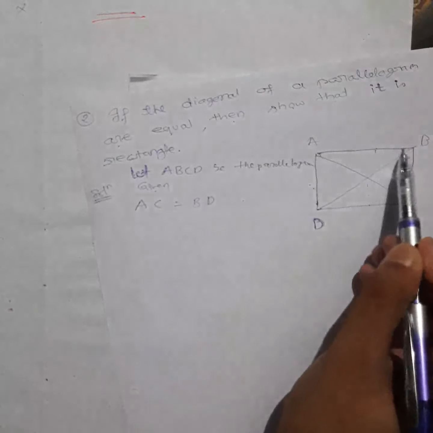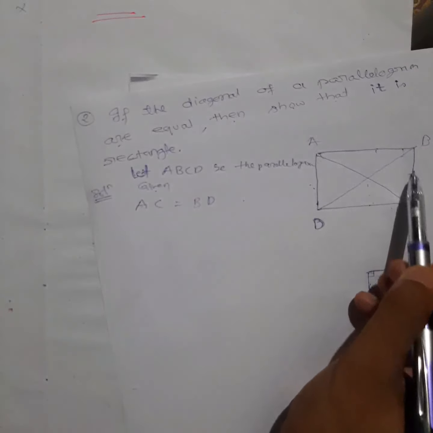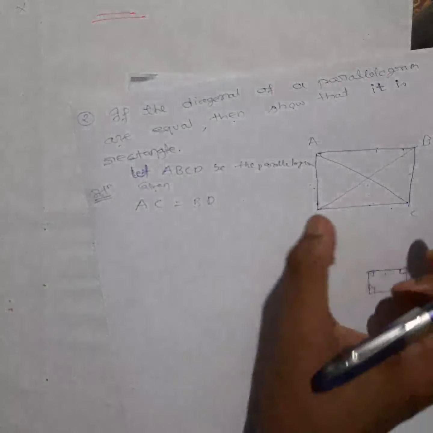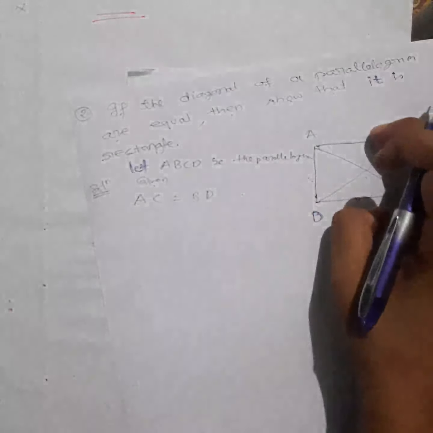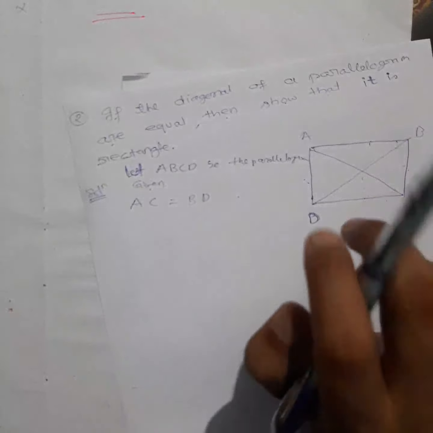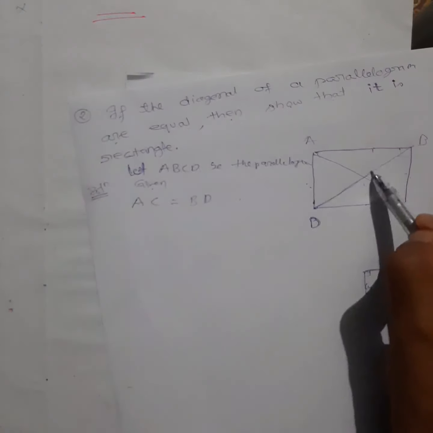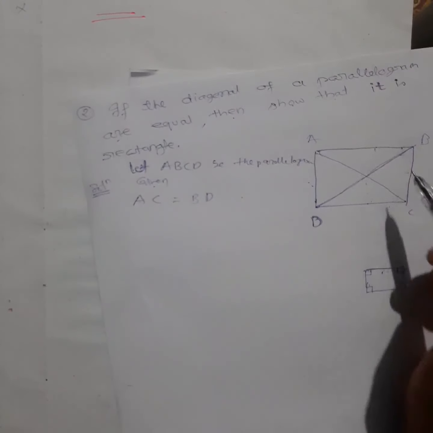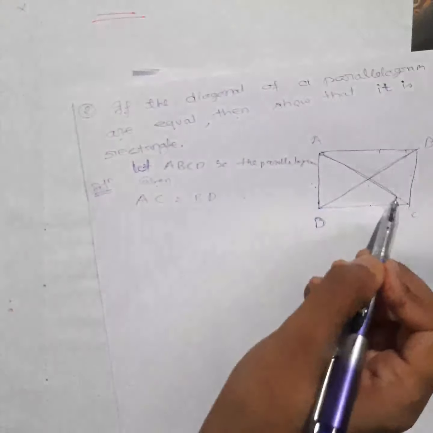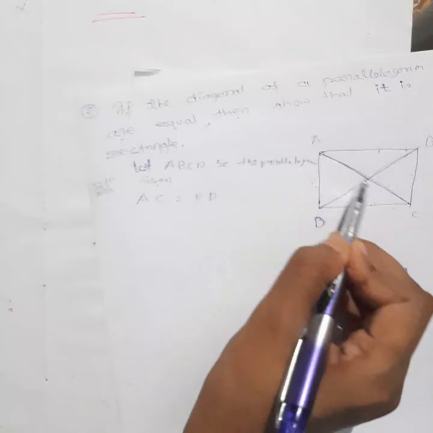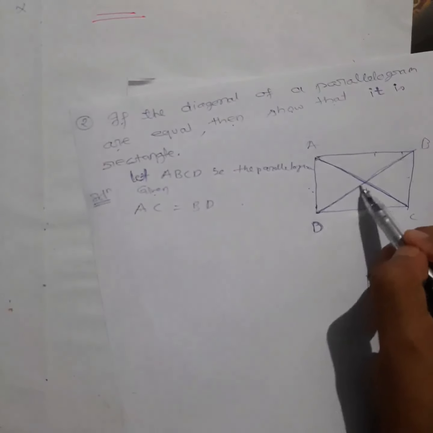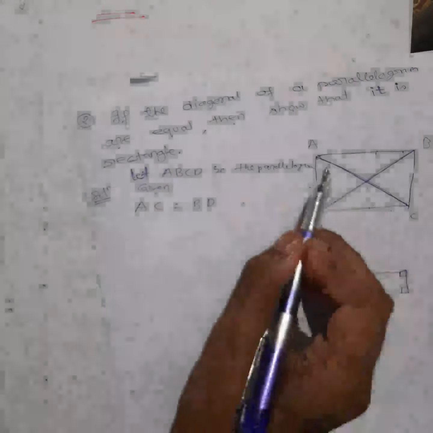Parallelogram means this line and this line are parallel, this line and this line are parallel. So this parallel condition, wherever I need, I will use this. This is one piece of information. Another piece of information is this diagonal, see carefully, this and this are equal. See this carefully, because I am going to use this information.